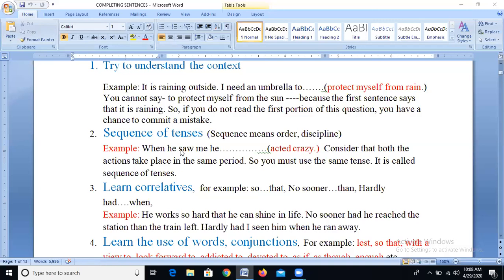Because both the actions take place at the same time, at the same period of time. So if you write when he saw me, he acts crazy, you have the chance to violate the order of tenses or time. For that reason, I think you must consider sequence of tenses while choosing or selecting a clause to fill in the blanks.